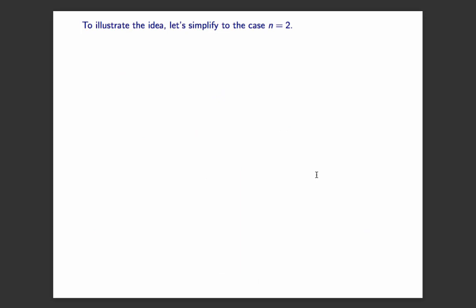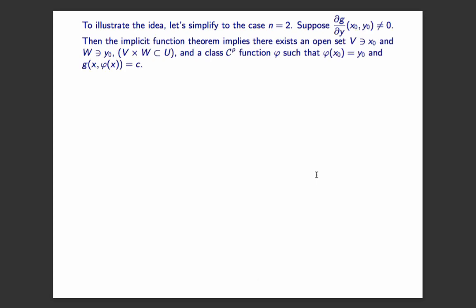So to illustrate the idea, let's simplify the case to n equals 2. Suppose that the derivative of g with respect to y at x naught, y naught is not 0. Then the implicit function theorem implies that there exists an open set V containing x naught and an open set W containing y naught, where V by W is in the domain of the objective function, and a class C^p function phi passing through the coordinates x naught, y naught, and satisfying the constraint.